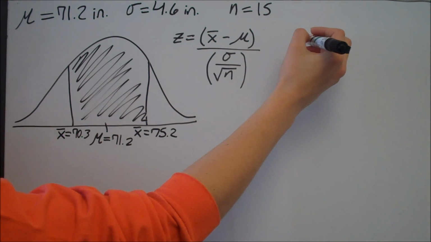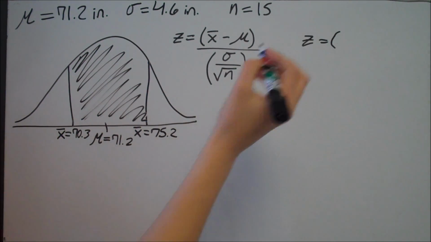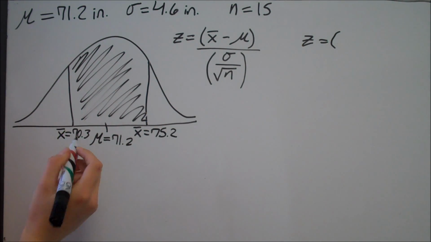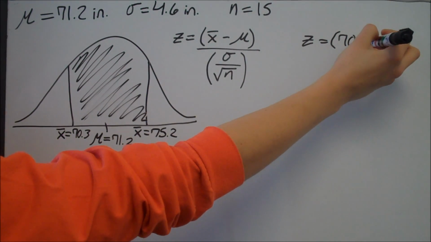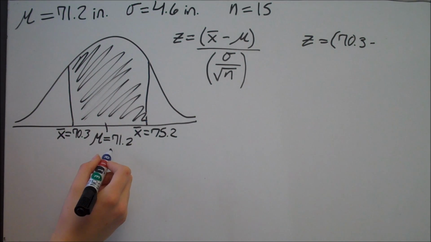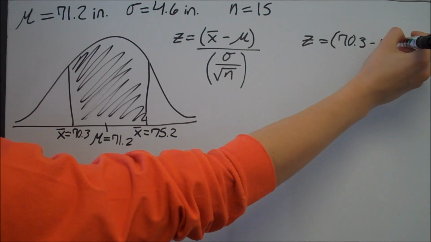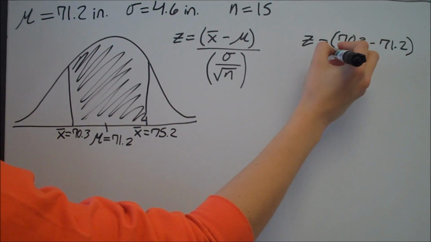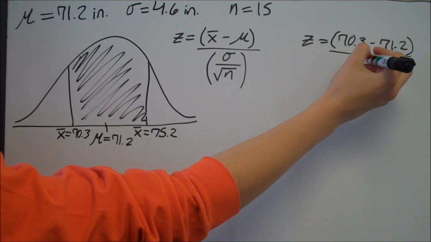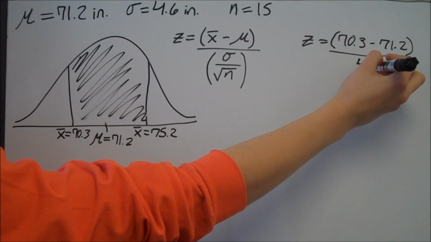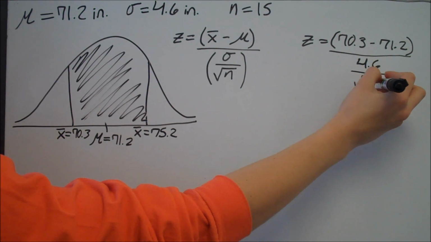So for the first limit, z is equal to, our x bar is 70.3, minus our mean, our mu, which is 71.2, over our standard deviation, which is 4.6, over the square root of n, which is 15.